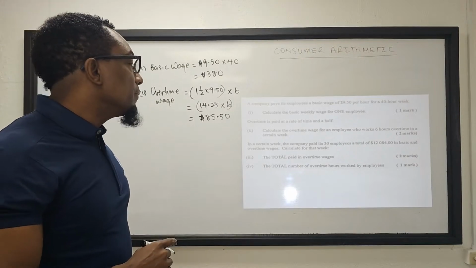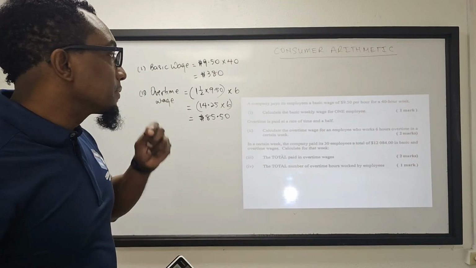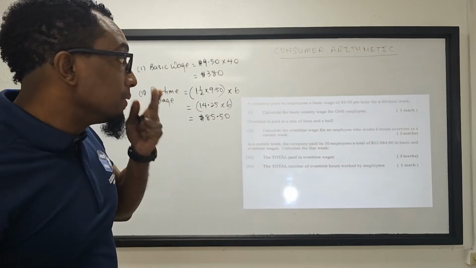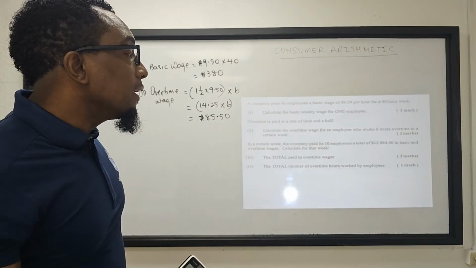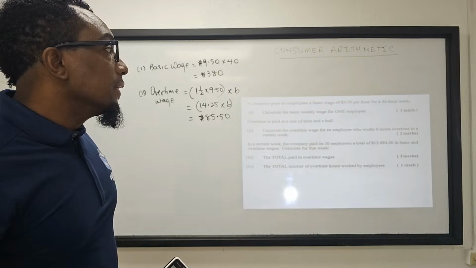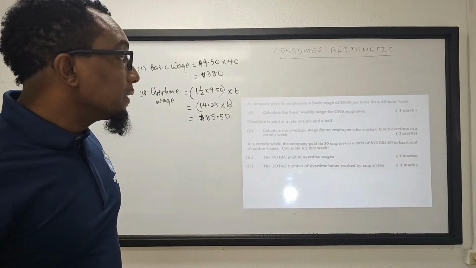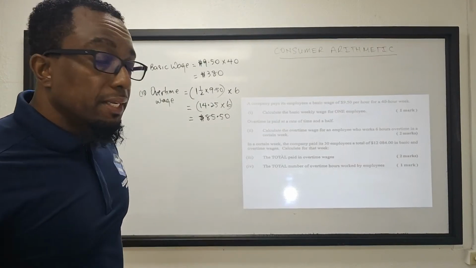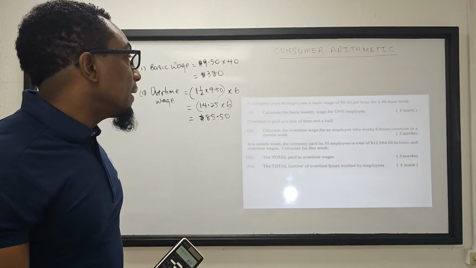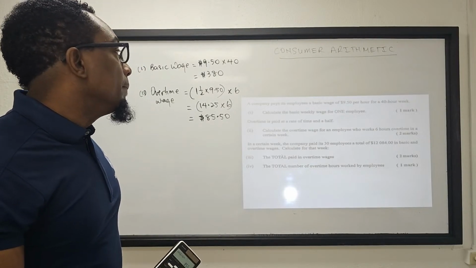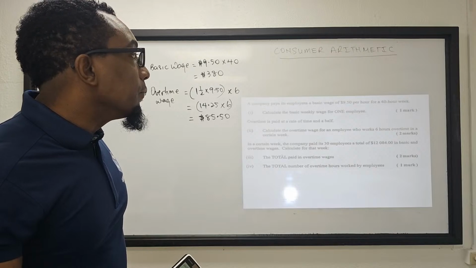Now, in a certain week, the company paid its 30 employees a total of $12,084 in basic and overtime wages. So that's a gross wage, right? A combination of the two. Calculate for that week the total paid in overtime wage.